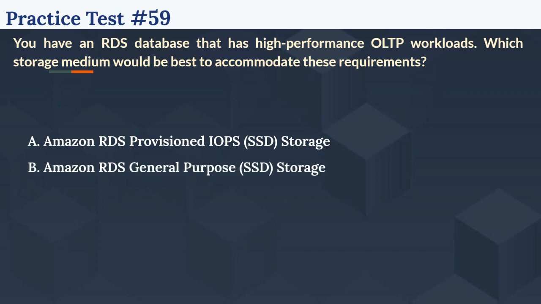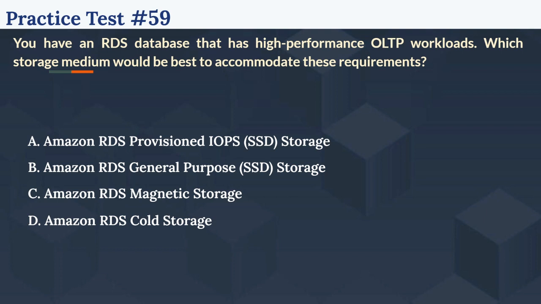Option B, Amazon RDS General Purpose SSD storage. Option C, Amazon RDS Magnetic Storage. Option D, Amazon RDS Cold Storage. Please select your answer in the next 5 seconds. 5, 4, 3, 2, 1.